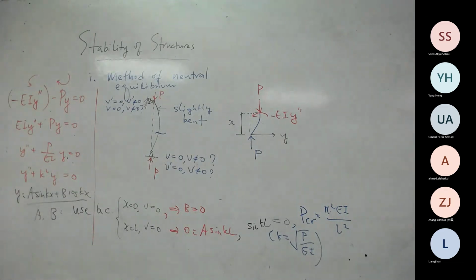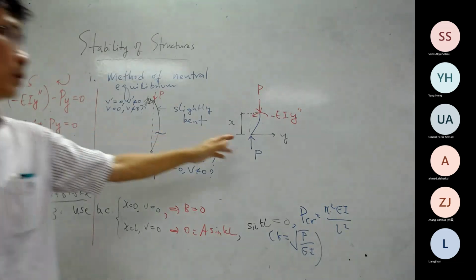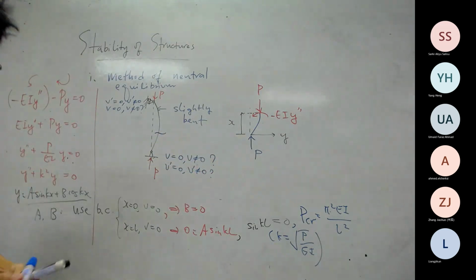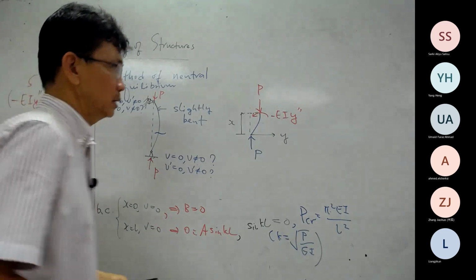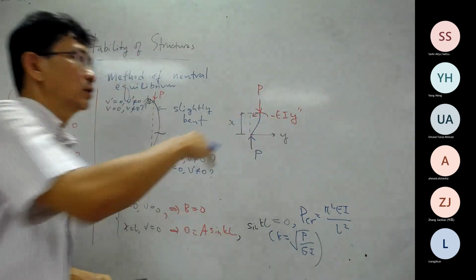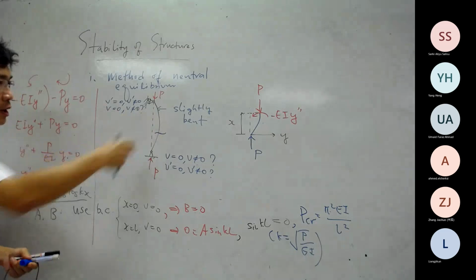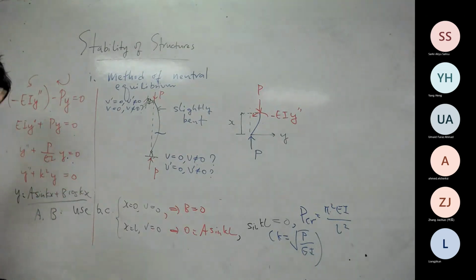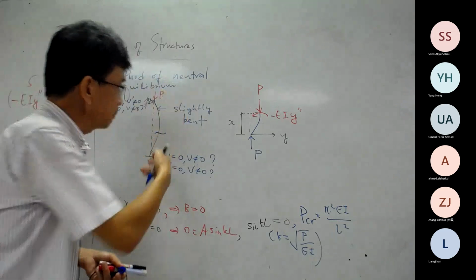So class, this is the basic flow of the method of neutral equilibrium. Of course, I use the simplest example, which is an Euler column. But if you have other conditions, then you have to take care of what the first slightly bent shape is for different end conditions. If it is fixed, what happens? If it is fixed-free, what happens? Or if it is fixed, allowed to translate but not allowed to rotate, what happens to this slightly bent shape?